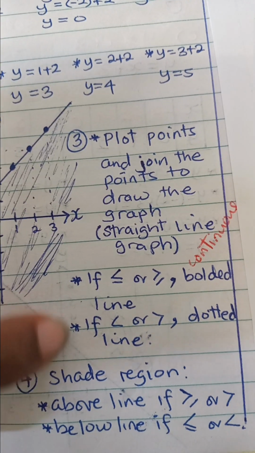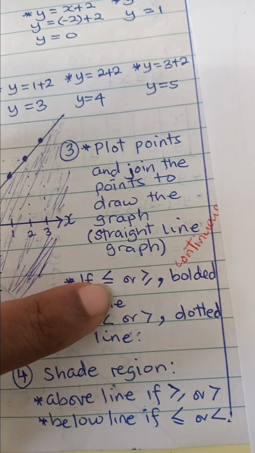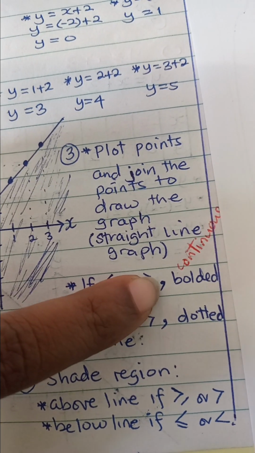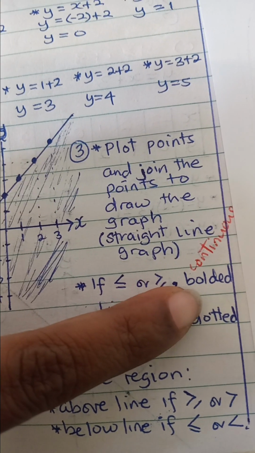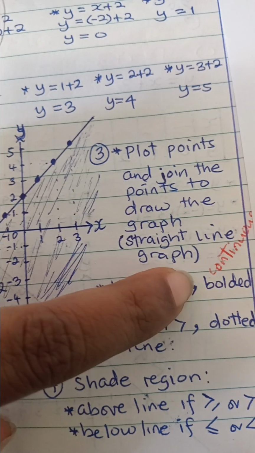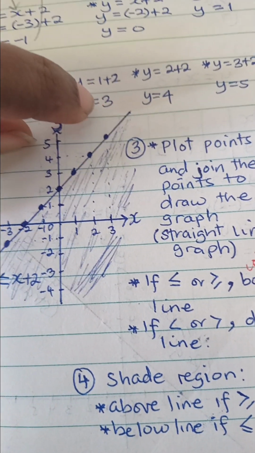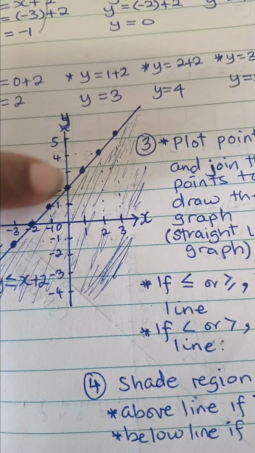If you have less than or equal to, or greater than or equal to, your line should be bolded. In other words, if you see the equal to sign present, then your line should be continuous like this.